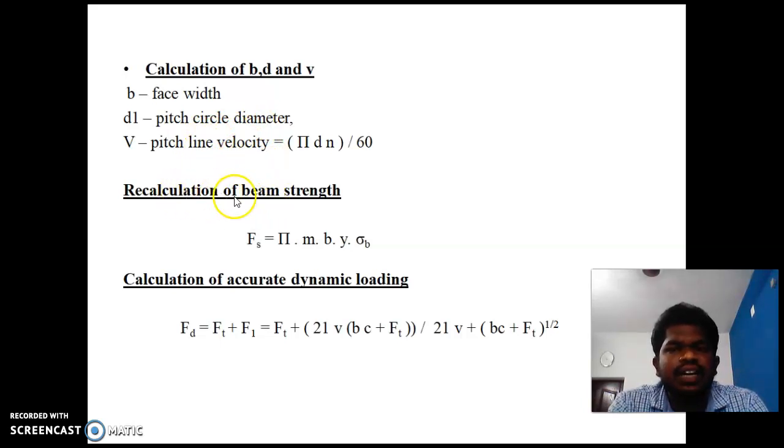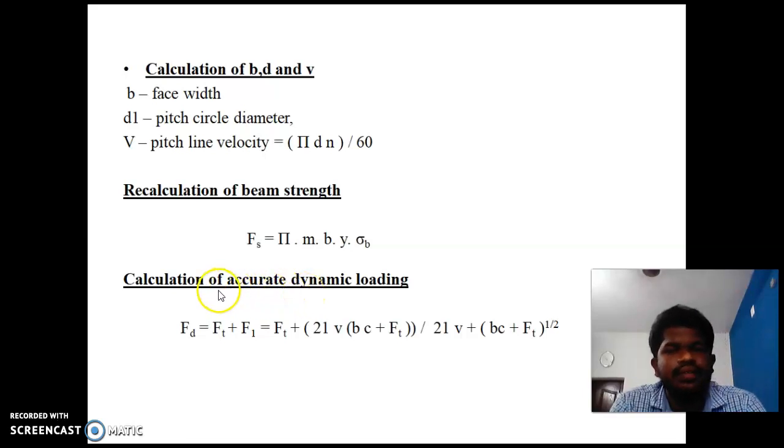Next, recalculation of beam strength. In the previous step we assumed the module value. We equated the two equations, found the value, and now substitute the module value m, b, y, sigma b. So we calculate the Fs value. Then calculation of accurate dynamic loading.